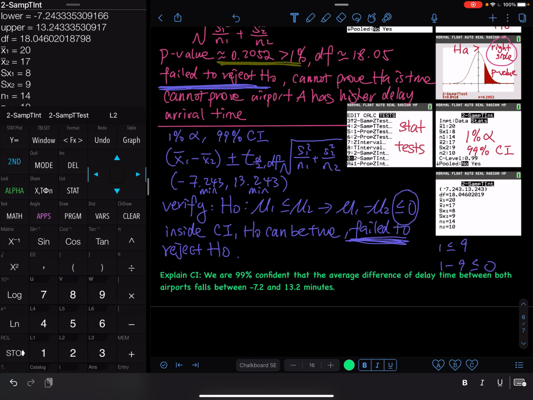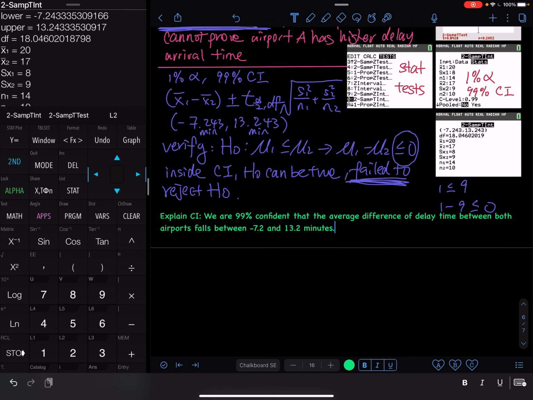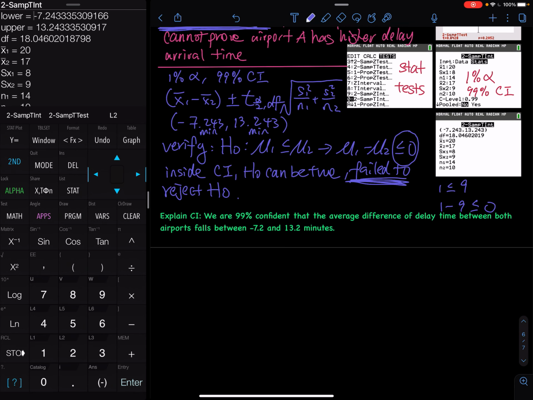Okay, to be honest with you, when you have a negative and a positive, that doesn't make any sense. So here is why. Let me give you a quick explanation. So let's say I'm using the number 5 minus 12. So 5 minus 12, this is negative, right? So if you have a confidence interval that has negatives and positives, here is what that means.